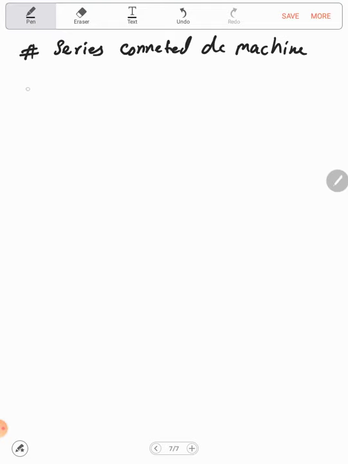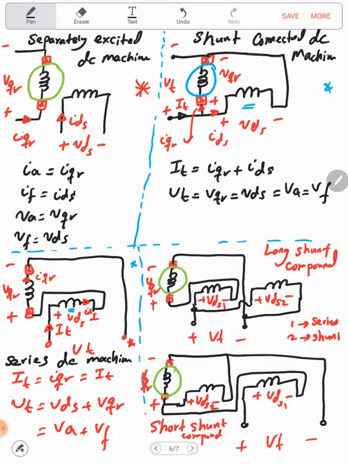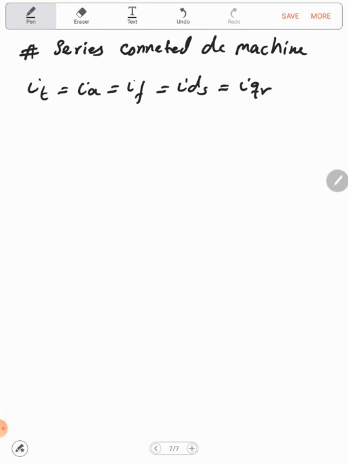for the series connected, we're having that I terminal, which will equal IA, which will equal IF, which will equal IDS, which will equal IQR. Yep. The current passing through the field and the armature are the same, and V terminal will equal VDS plus VQR.